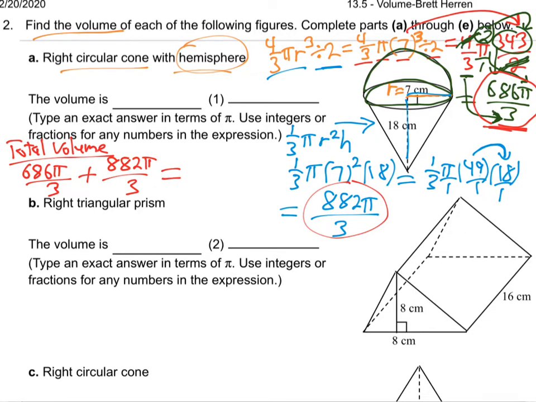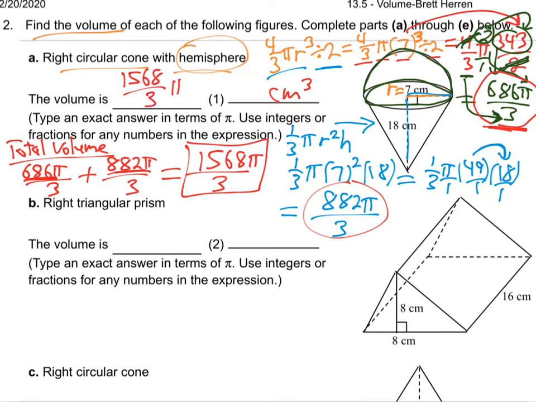So adding up, on the top, with a common denominator of 3, 686 pi and 882 pi. So add those up, 1568 pi over 3. That's the total volume of that, and that's cubic centimeters.